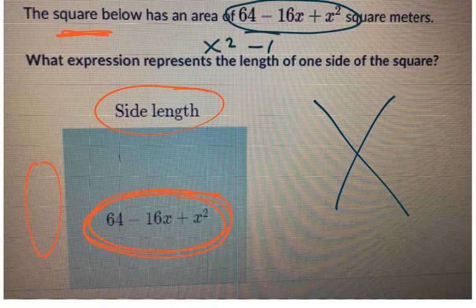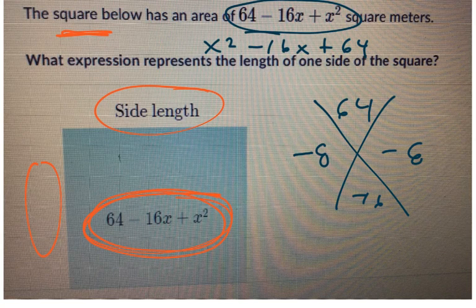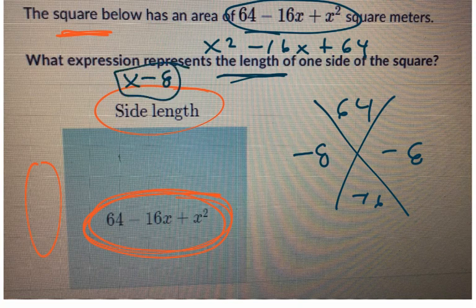X squared minus 16x plus. Notice I did not change signs. And now hopefully it looks normal. I'm going to do a 64 there. A minus 16 for my sum. It's going to be minus 8 again. So they just want one of the sides. So you're just going to type in x minus 8. But understand that both sides are each x minus 8. Okay?